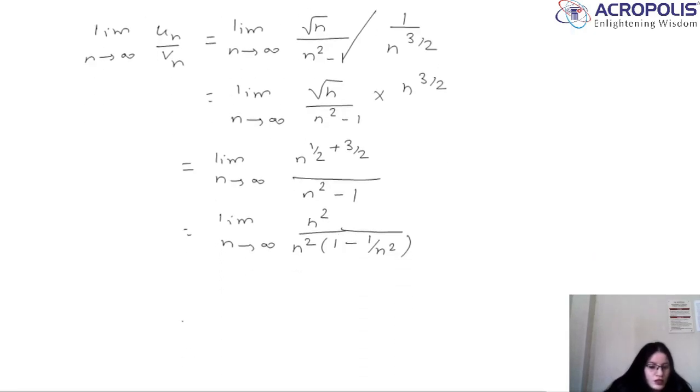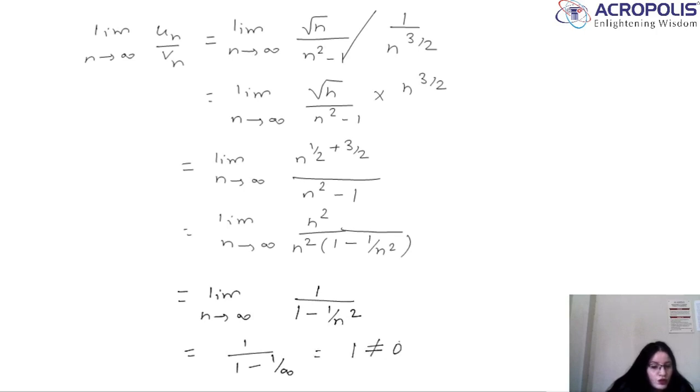Now on simplifying, we get limit n tends to infinity 1 by 1 minus 1 by n square. Now we substitute the limit, then we get 1 divided by 1 minus 1 by infinity, or 1.